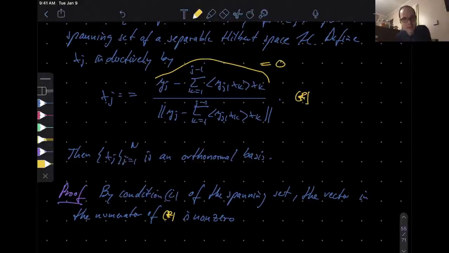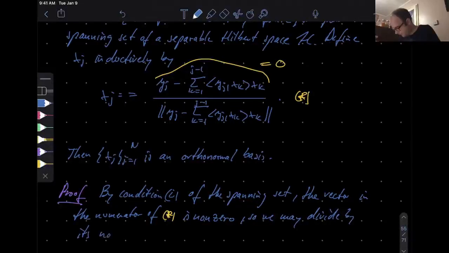But that's not going to happen because it's a linearly independent spanning set. That's precisely how we constructed it. We threw out all those linearly dependent things. That's why the vector on top is non-zero, and that's why you can divide out its norm. So this formula is indeed well defined, the yellow star. It's non-zero, so we may divide by its norm.